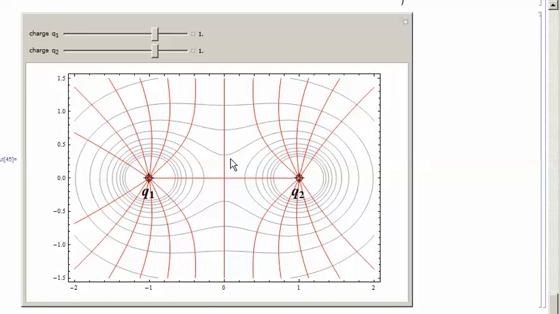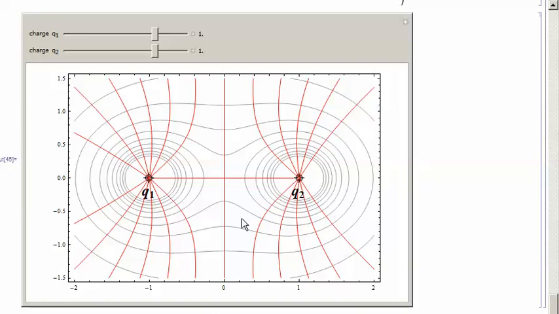Also, you shouldn't have this line, although it is perpendicular to all of these lines. It shouldn't be one of the electric field lines because it does not technically originate at either one of those charges.